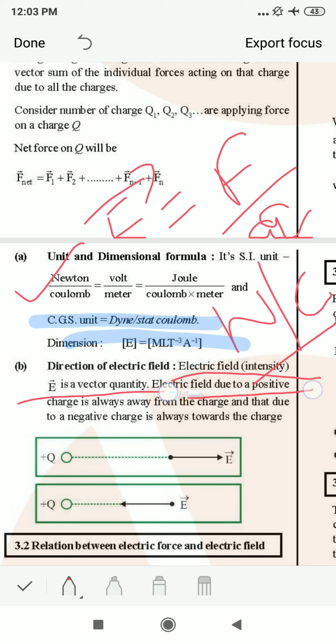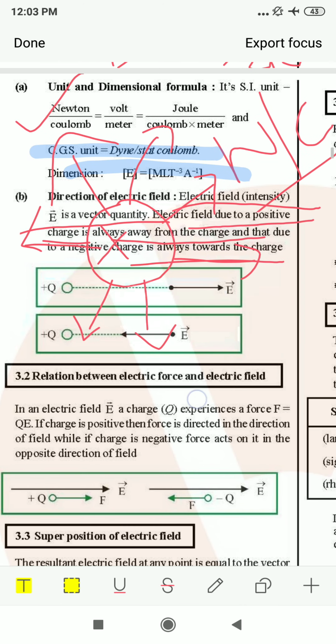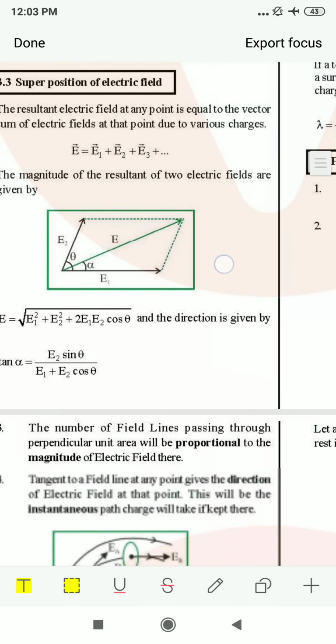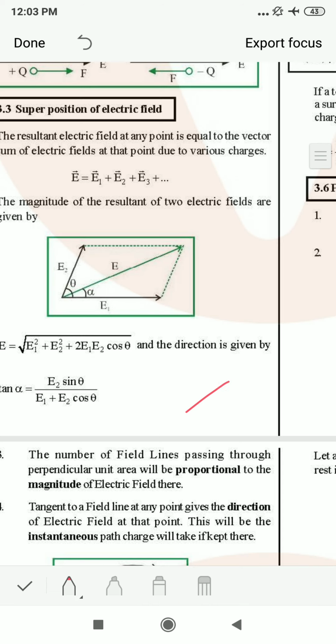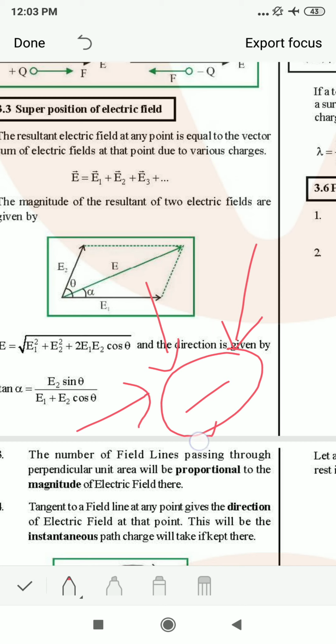An electric field due to a positive charge is always directed away from the charge, and that due to a negative charge is always towards the charge. Means if I draw a positive charge, the field is directed away from the electric charge, and for the negative charge, electric field will be directed towards the negative charge.